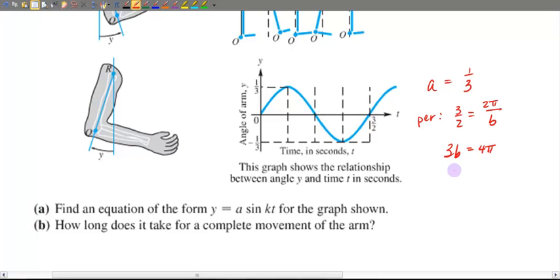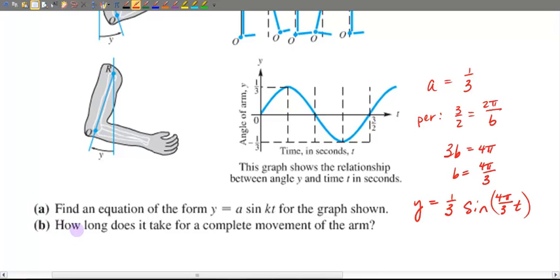Divide both sides by 3, and I get b is equal to 4 pi over 3. Therefore, I can come up with the equation that looks like y is equal to 1/3 sine of 4 pi over 3t. And that's the answer for part A.